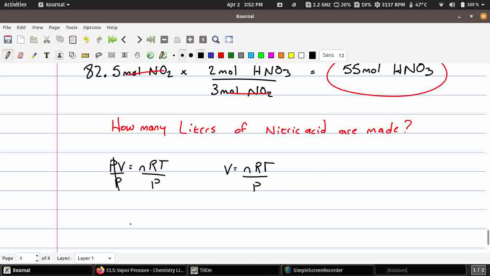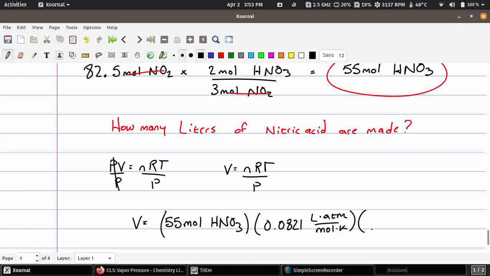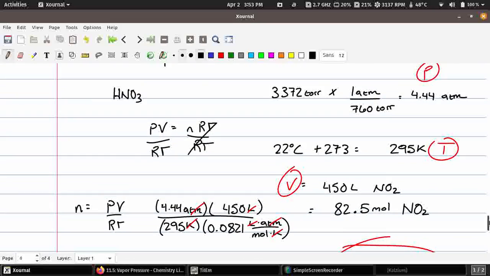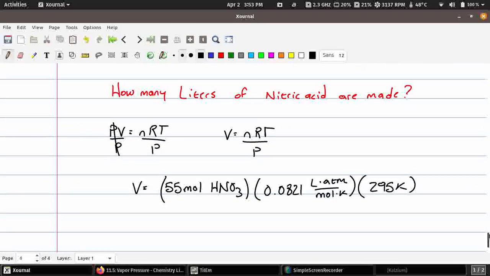So you have V equals 55 moles HNO3 times 0.0821 liters times atmospheres over moles times Kelvin, multiplied by the temperature, which is 295 kelvins. And I don't remember what the pressure was because I keep forgetting. That's divided by 4.44 atmospheres.